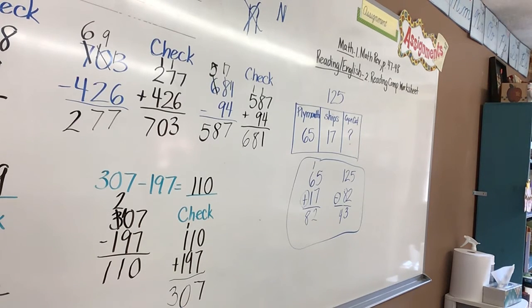So put the 5, rename the 1 to the tens. 1 plus 5, 6 plus 8, 14. So put a 4, rename the 1 to the top of the 100. 1 plus 2 plus 3. 6. And we got 645, which is what the minuend was.